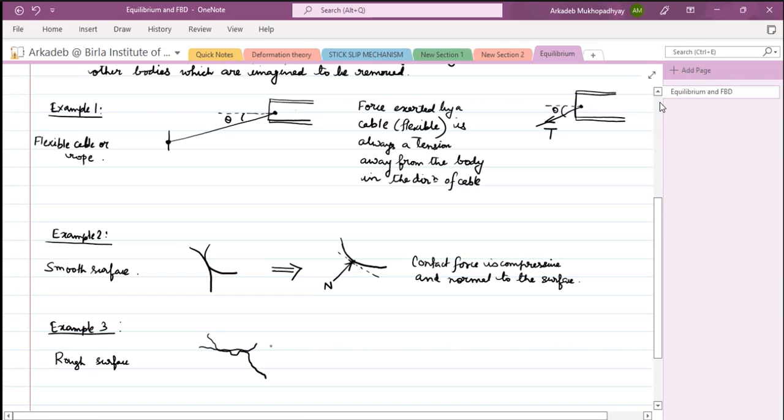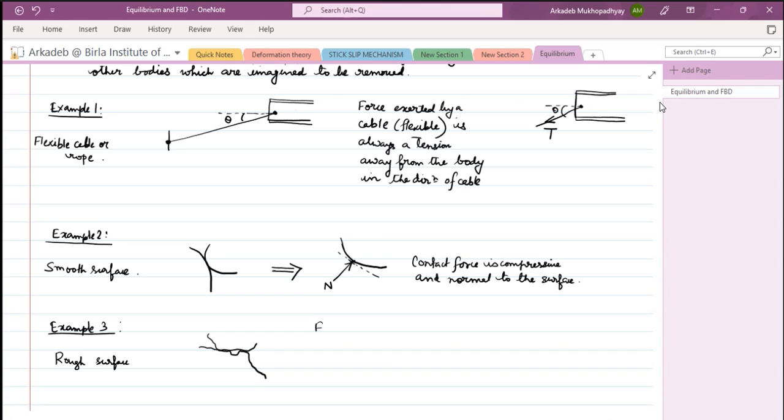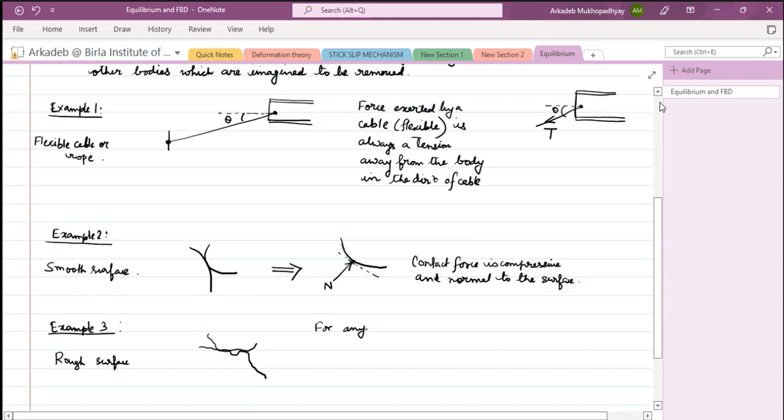Say for any asperity, for any rough surface, there is a tangential friction force.